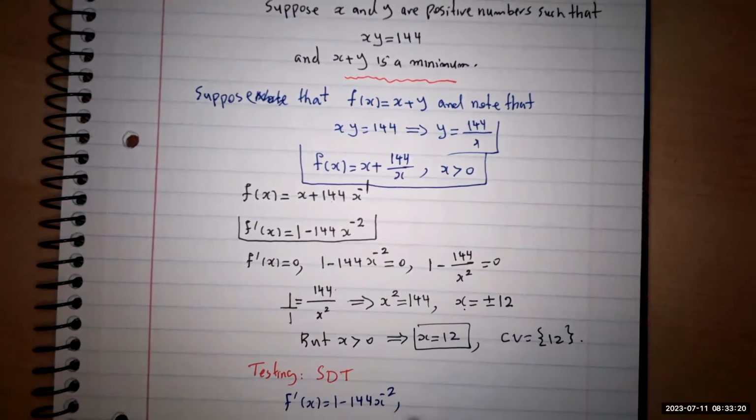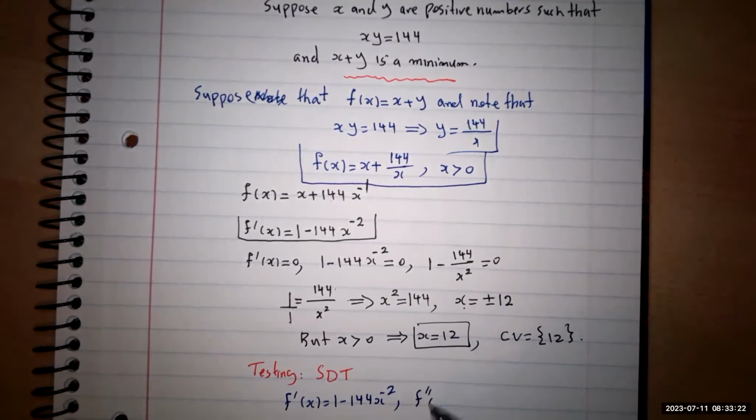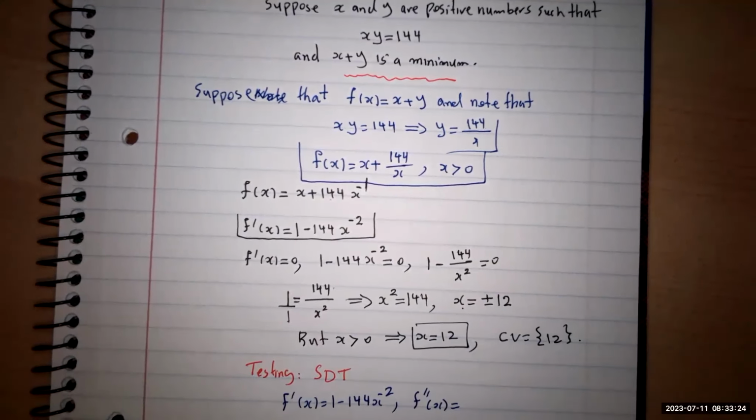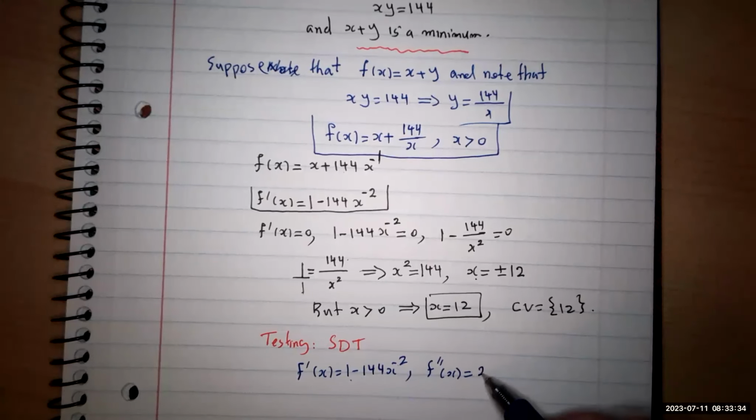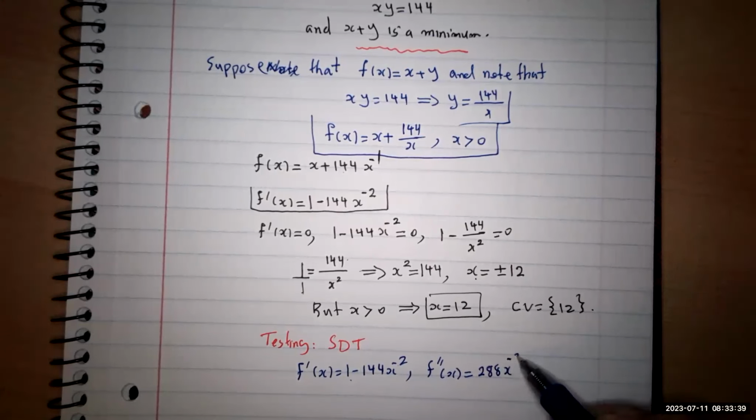Now differentiate again, f double prime. What's going to be f double prime? The derivative of 1 is 0, then -2 times -144 makes 288, and then x to the -3. If you rewrite it, that gives you 288 over x cubed.